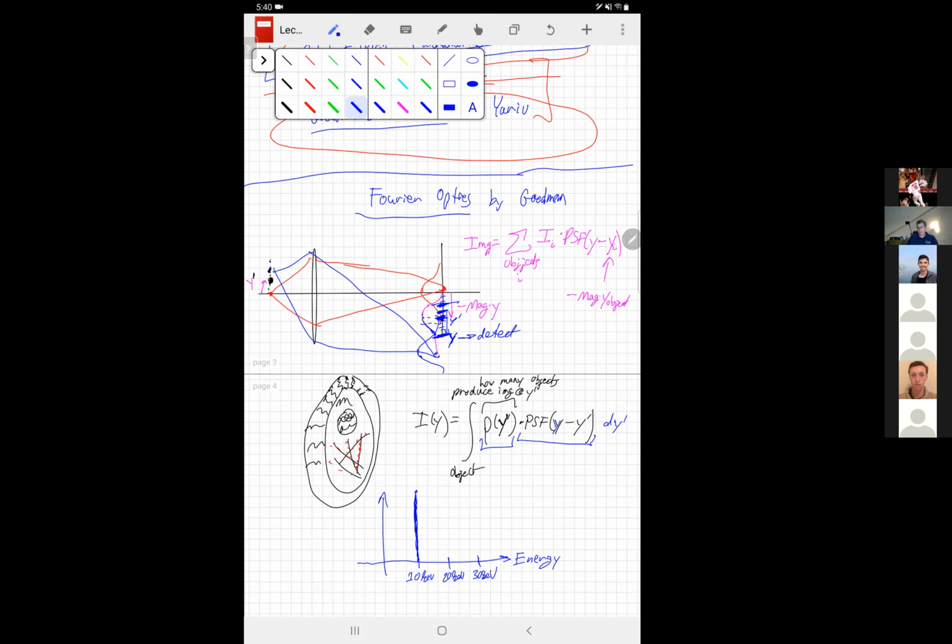If I sent in some particles with energy 10.01 keV, whatever piece of the instrument is detecting 10 keV would probably still pick something up. And likewise, if I sent in something at 10 keV, whatever's picking up energy at 10.01 keV would probably pick something up. So I don't get this nice spike. Instead, what I probably get is something that looks like this, just because the instrument can't tell you perfectly that was definitely 10 and not 10.01.